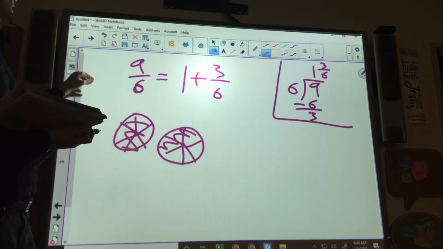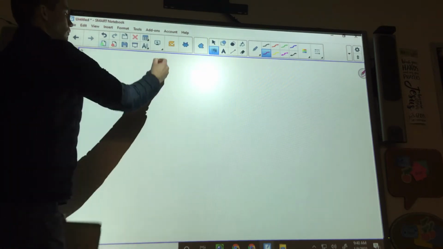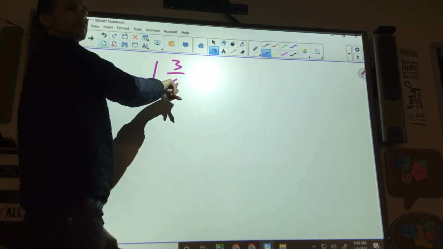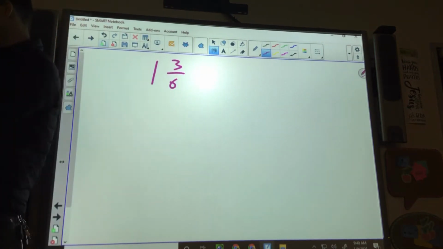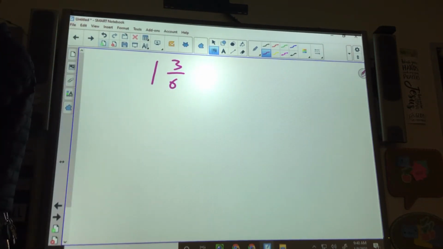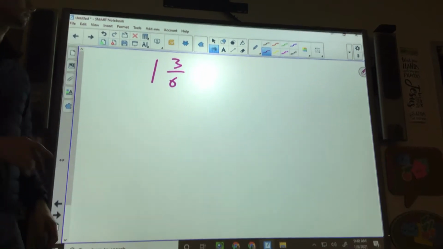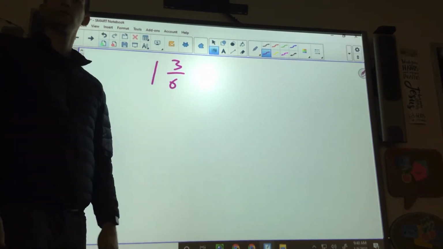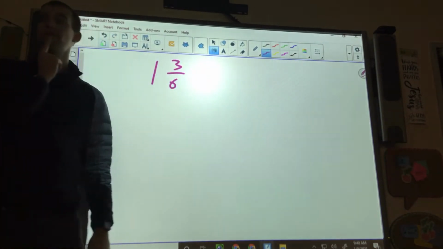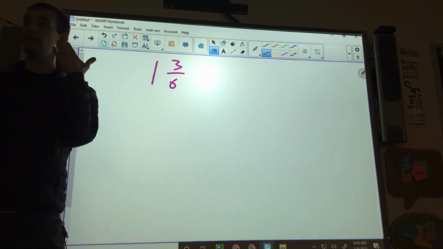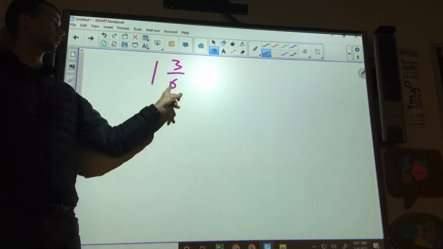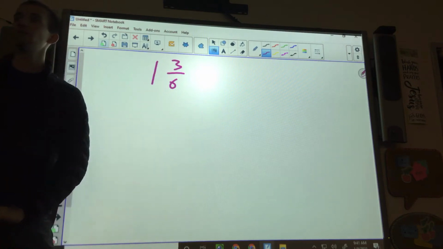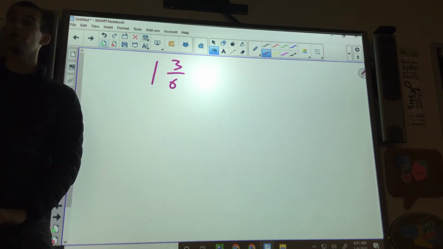So then we've got to say, hey, if I've got 1 and 3/6, is 3/6 in the simplest form? No. So what do we have to do? Divide? No. Can we multiply and think, can we get 10 or 100? Can you multiply 6 by anything and get 100? No, you can't.